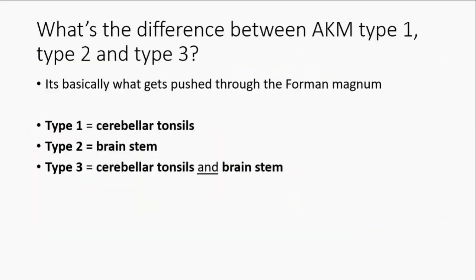Okay, so what's the difference between Arnold-Chiari malformation type 1, 2, and 3? So essentially, it's what structures are being pushed down the foramen magnum. In type 1, you've only got the cerebellar tonsils being pushed down.